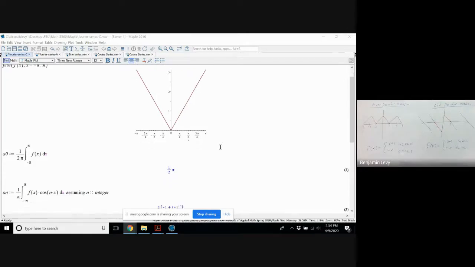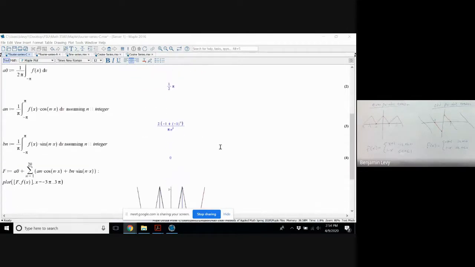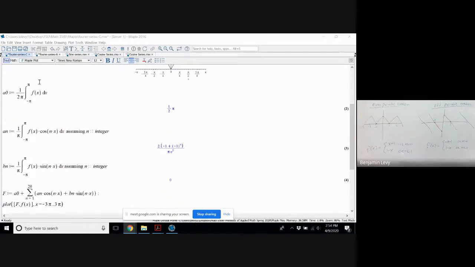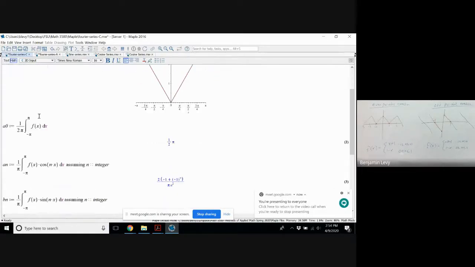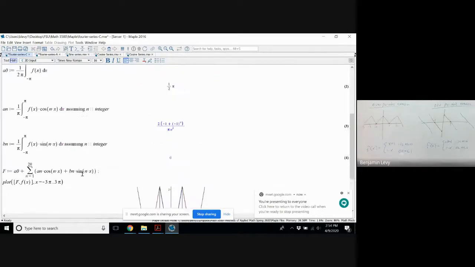So basically you will have to change this one. You'll have to change it a little bit because you'll have to change the bounds and change the integrands, but it's set up to mostly do the work. The main thing you need to do is change the piecewise part, right? So you need to redefine the function correctly. You should change the interval and then just change the integrands.